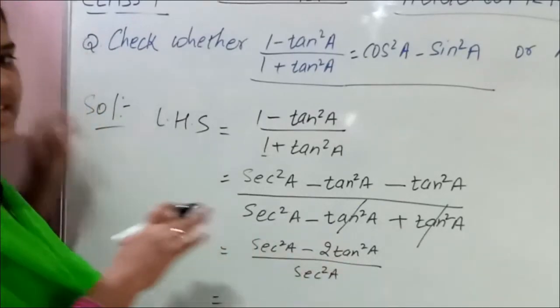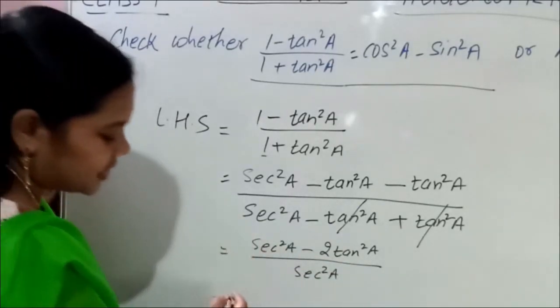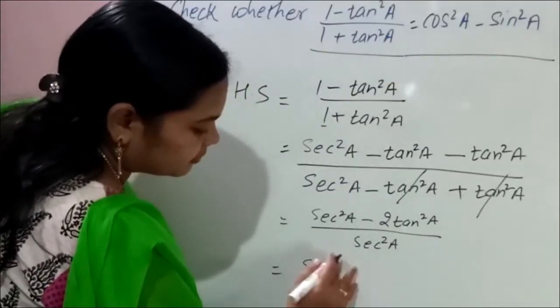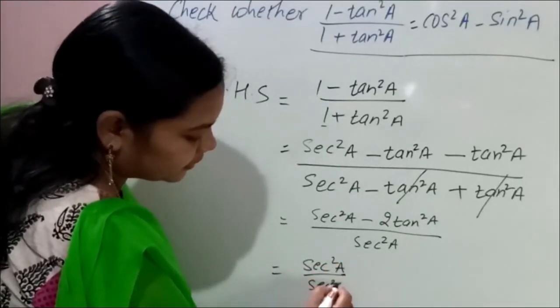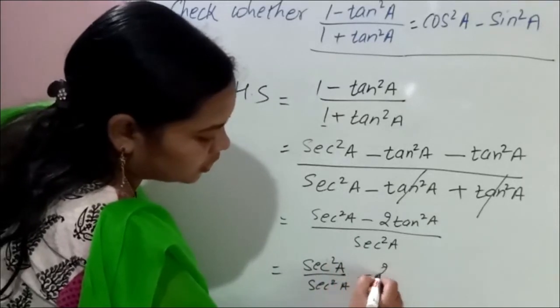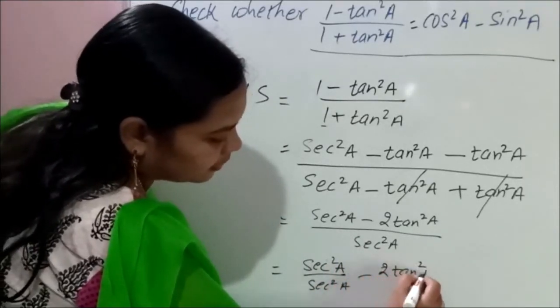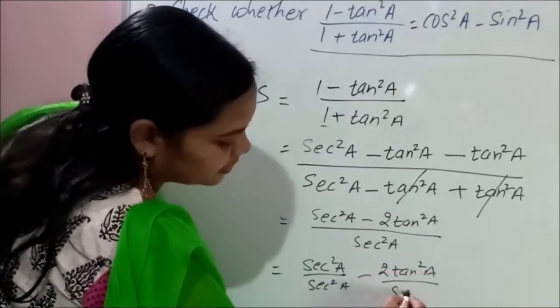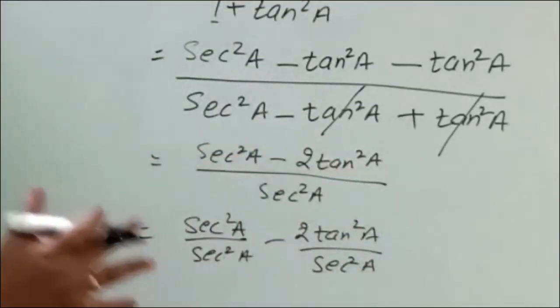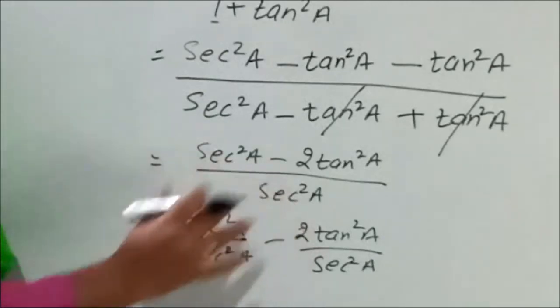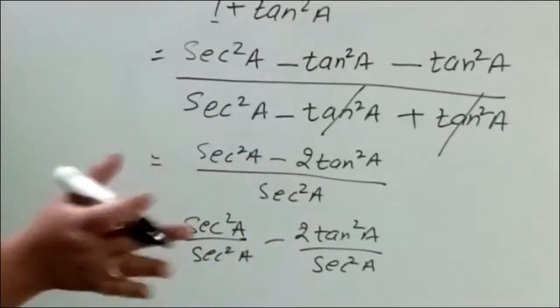Next what will we do? We separate. So sec square a by sec square a minus 2 tan square a by sec square a. What we did: sec square a minus 2 tan square a is in the numerator, and the denominator is sec square a, so we separate it.